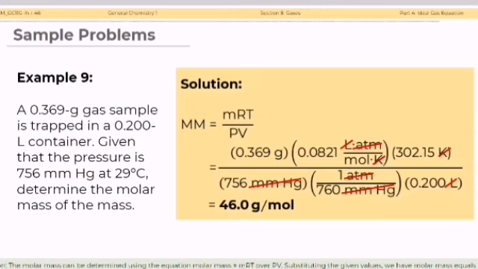Solution. The molar mass can be determined using the equation molar mass is equal to mRT over PV.